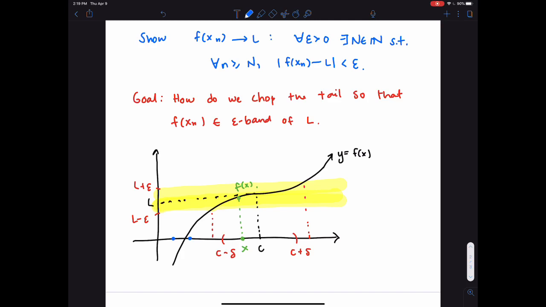So like this, for example. And I need to figure out, how do I choose capital N to guarantee that my corresponding output values along my sequence are inside this yellow epsilon neighborhood?